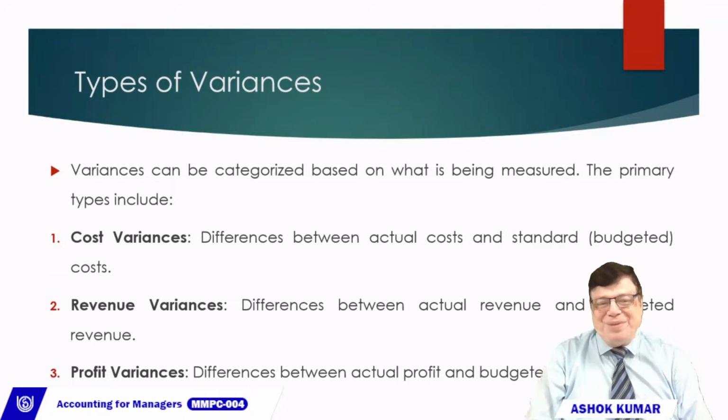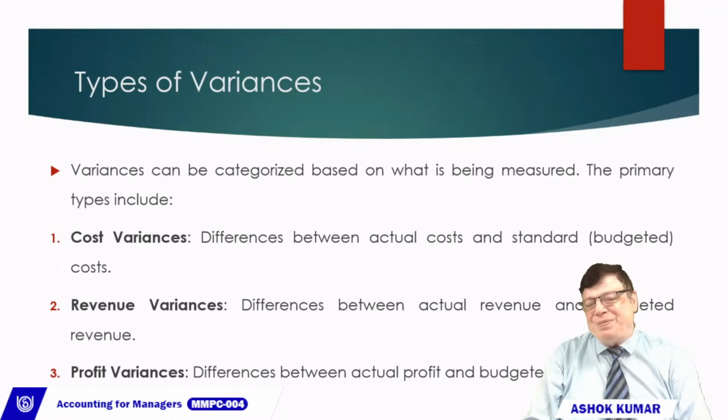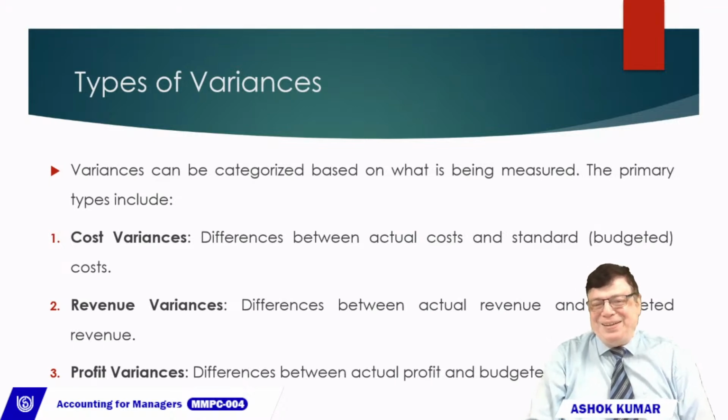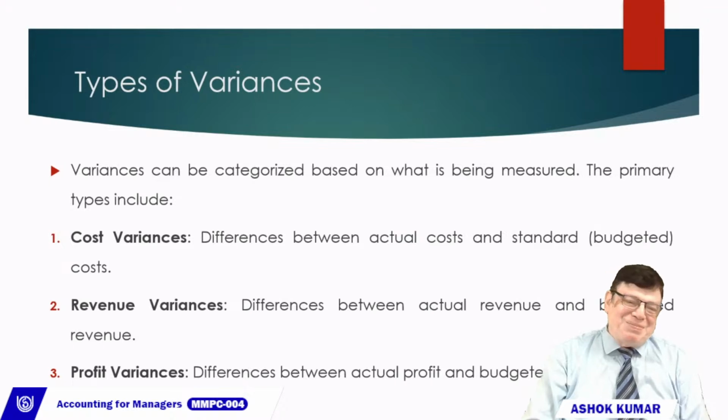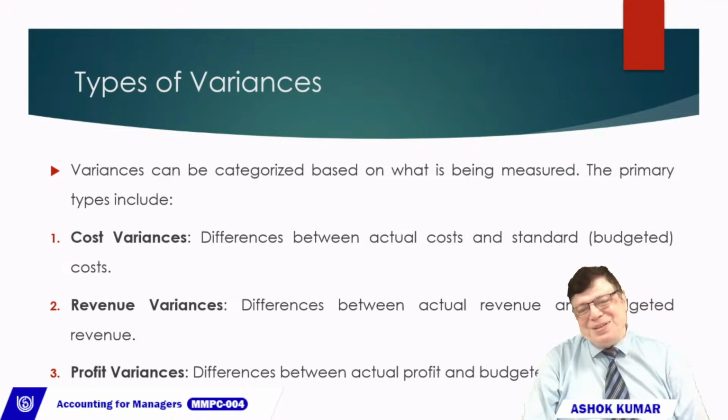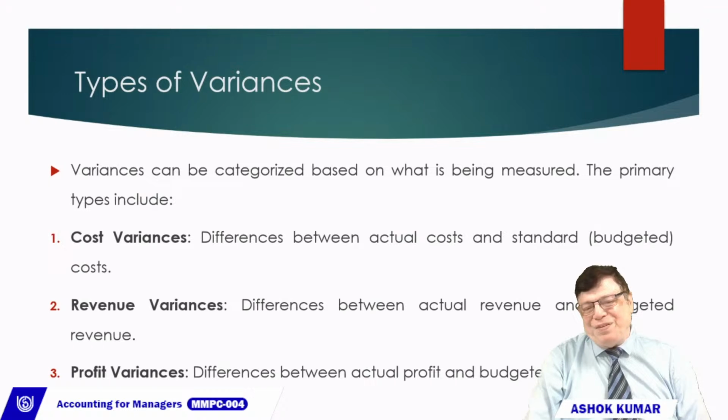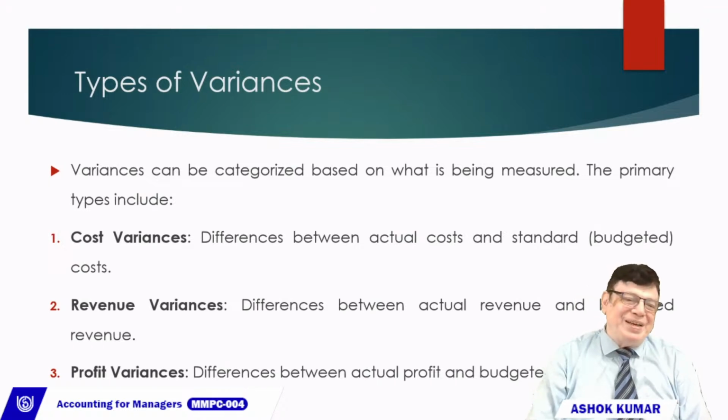What was our budget and how much actual revenue did the company make? Next is profit variance, the difference between actual profit and budgeted profit. What was our budget of the profit and how much profit did the company actually make.